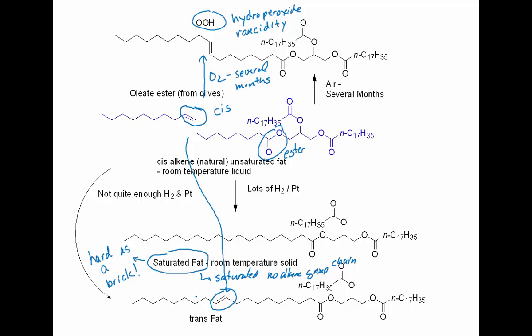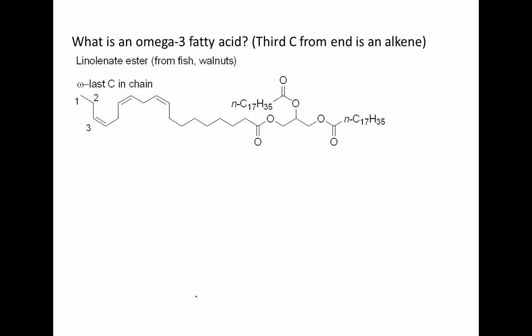Okay, let's look at another issue. You may wonder what's an omega-3 fatty acid. This is also an alkene term, defining the alkene position. So if you ever hear the fancy term omega-3, it means that if you start at the end of the chain and you get to the third carbon, it's an alkene.